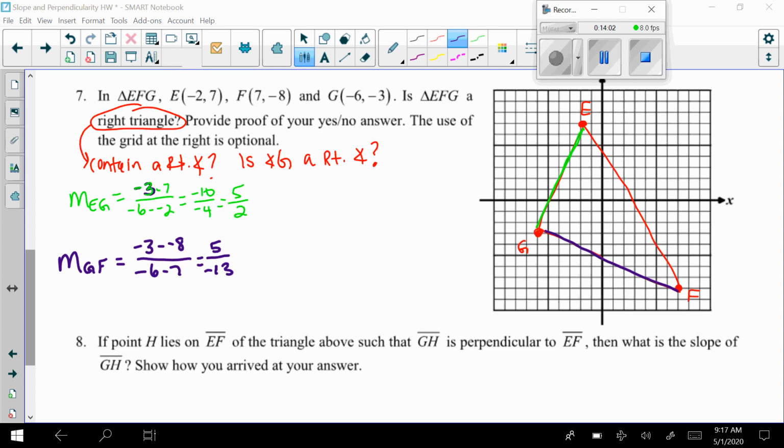Okay, here's what I got for my slopes. You can see neither of these can be reduced. So are these opposite reciprocals? The answer is no, or negative reciprocals.